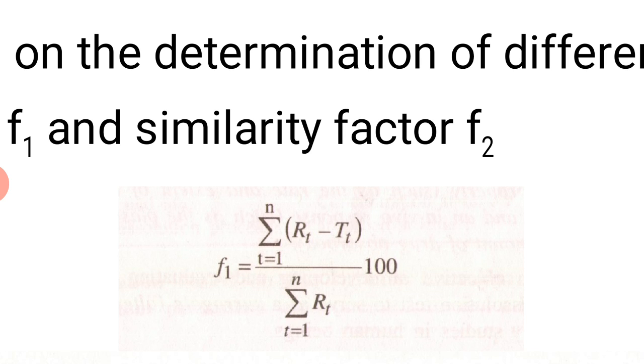So, taking the example of the 10th time point, we determine the difference factor there: the percentage dissolution of the reference at the 10th time point minus the percentage dissolution of the test at the 10th time point, that is RT minus TT, all divided by RT, the reference, into 100.